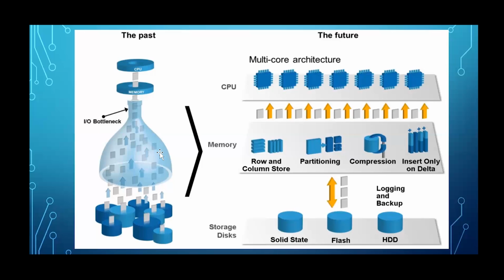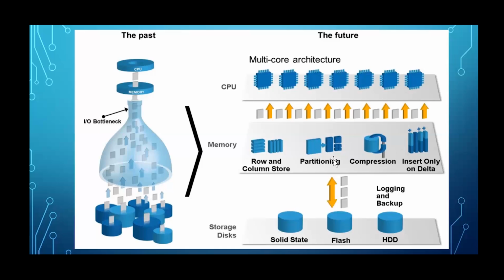When we consider the current concept in HANA, it's completely sorted out. You have multiple cores, and parallel processing is happening, so we don't have to wait until someone finishes a record. And we have the row store, column store format, partitioning, compression, and delta storage in memory.